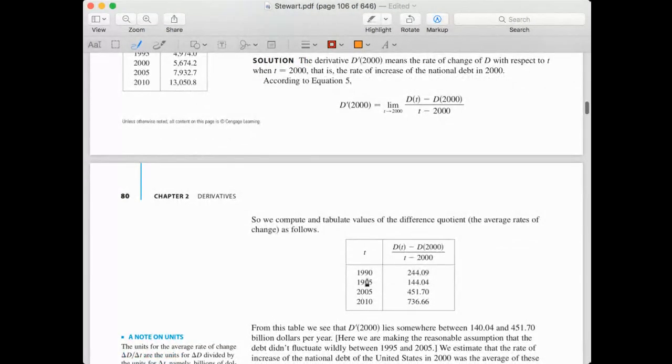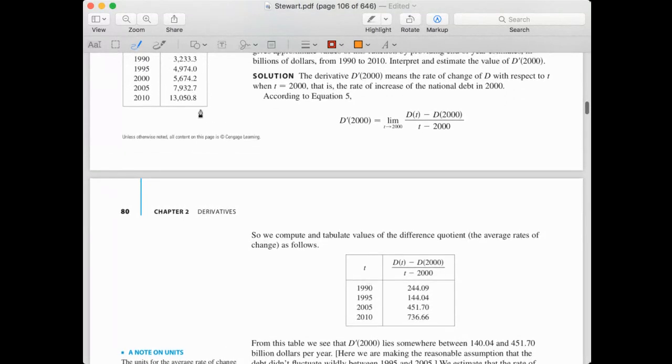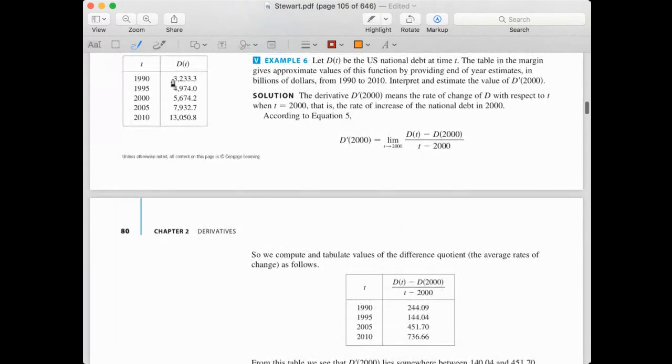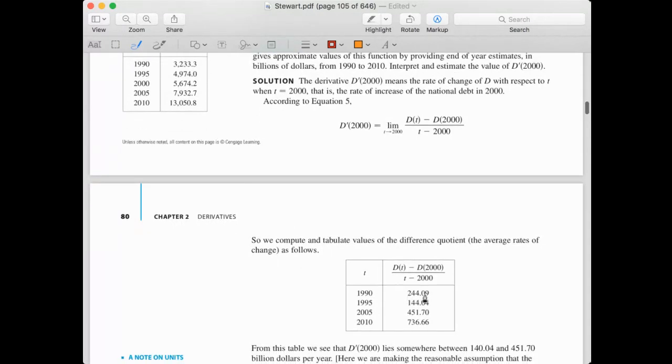Then let's see, if t equals 1990, we have this value. Then we do the calculation, you get 244.09. If t equals 1995, we get about this much. So this comes from the left, right? Think about the limits coming from the left.